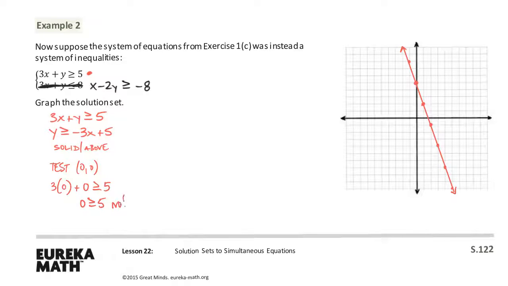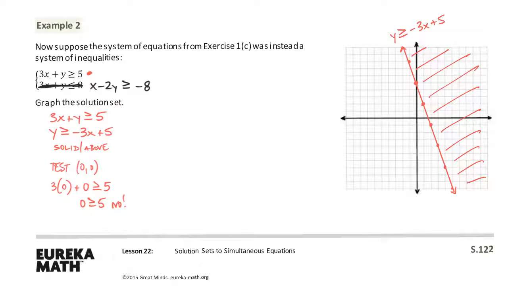That's a no. So that means that where 0, 0 is right here, this is not part of my solution set. So I need to shade on this side of it. Okay, there we go. And of course, I'm going to label: y is greater than or equal to negative 3x plus 5. There's the first one.